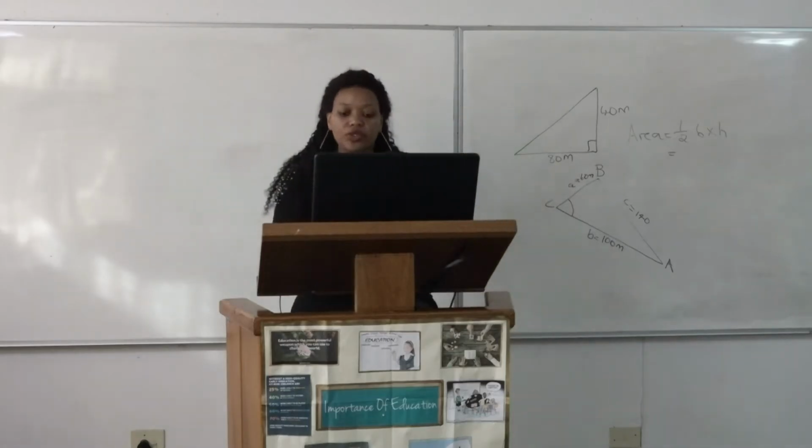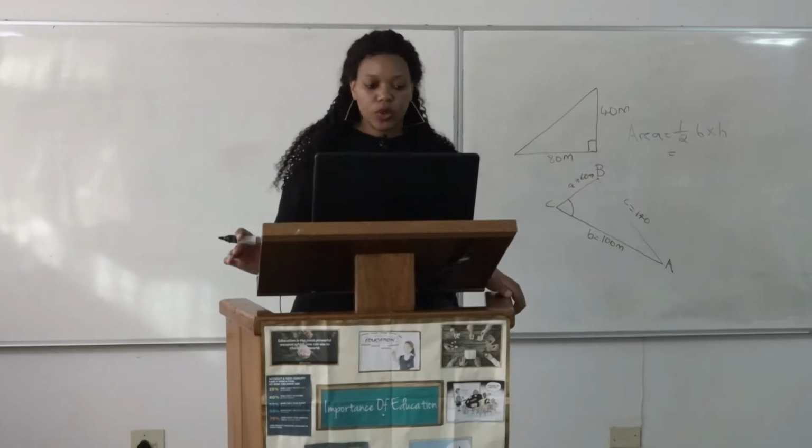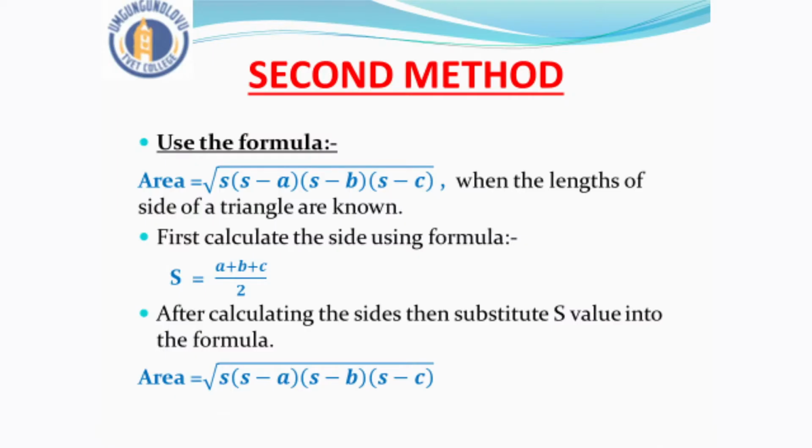Okay, let us go back to the formula that we need to use. As you can see here, on this formula we don't have the value of S. That's why we first have to calculate the value of S, which is half the total of the sides. We now have a, we have b, we have side c.